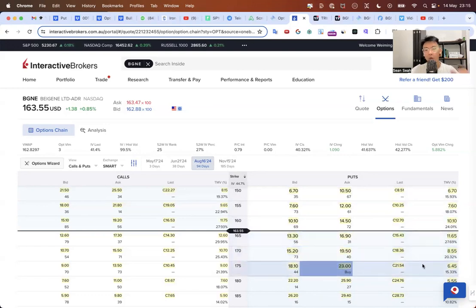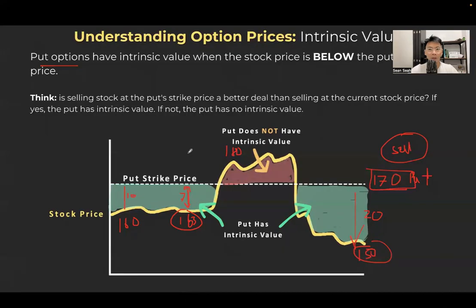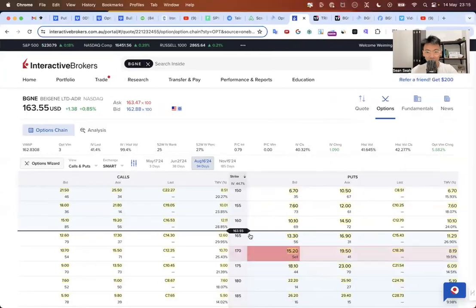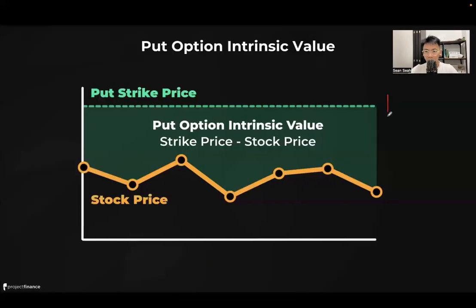The intrinsic value is how much profit you make if you exercise the option right now. So this is what the put option looks like. The strike price is here, in this case 170. As the share price goes below the strike price, this is the intrinsic value.